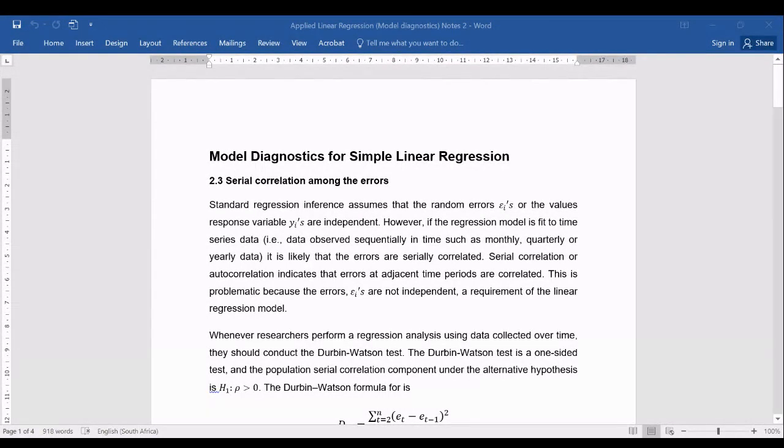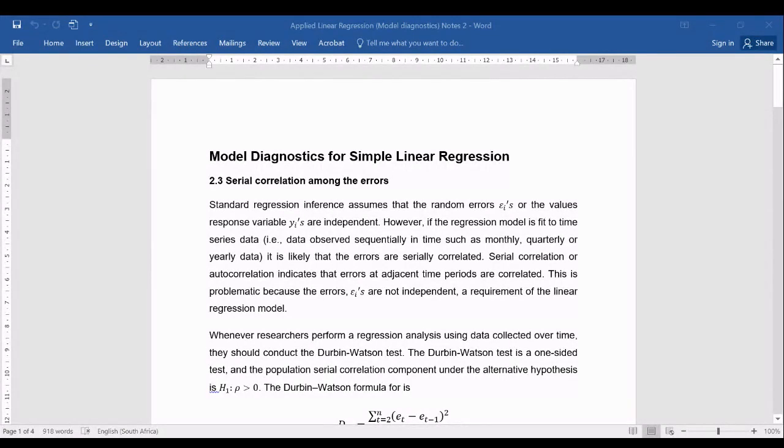So when the data set is collected over time, we have to test whether the errors are statistically independent or not. That test is conducted using the Durbin-Watson test, which is one-sided. It's one-sided because in most data sets in regression, researchers discovered that the errors are positively correlated.